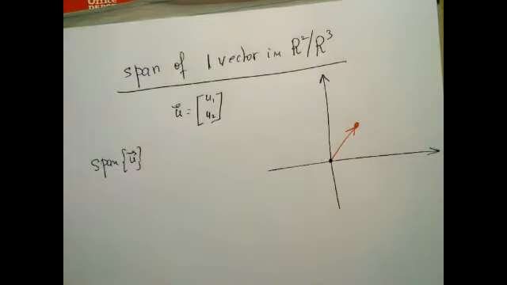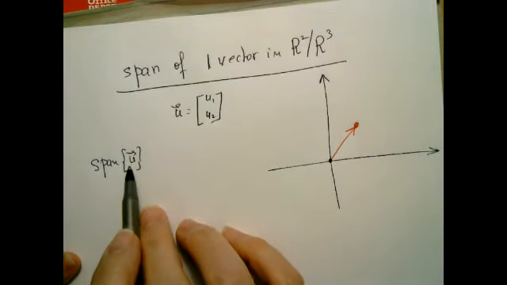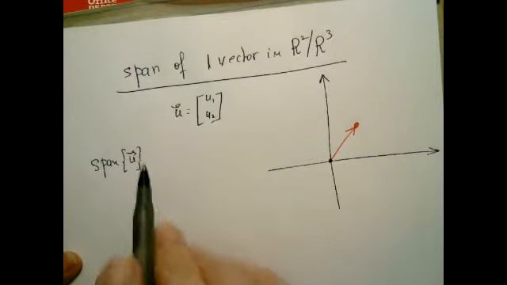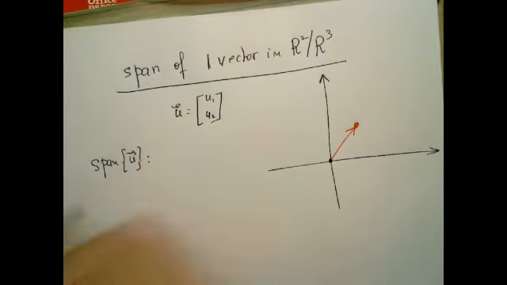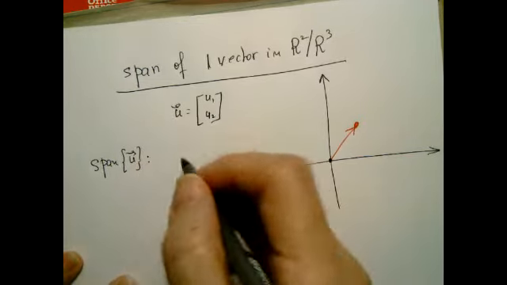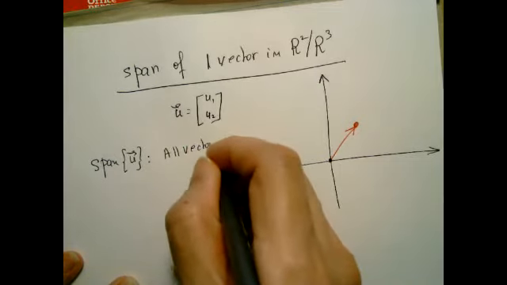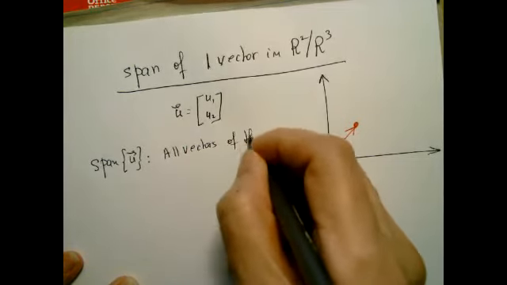What's the definition? It's the collection of all the vectors that are a linear combination of the vector U. Now I have one vector. So what do I mean by linear combination of the vector U? It means all the vectors of the form.